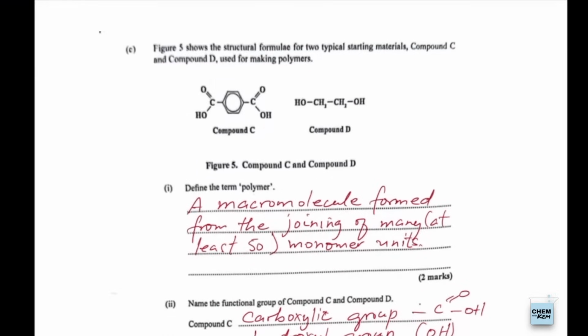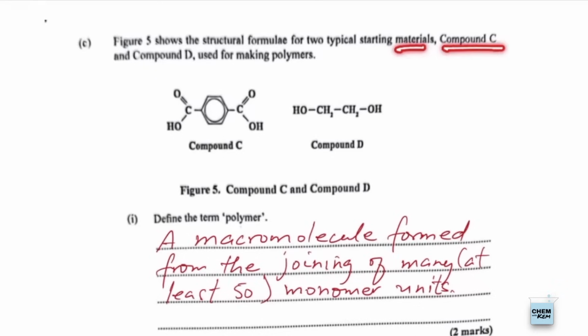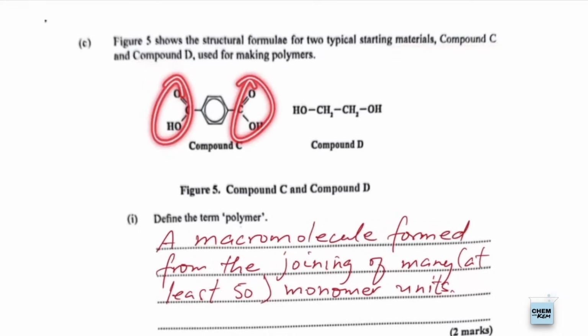Part C, figure 5 shows the structural formula of 2 typical starting materials, compound C and compound D, used for making polymers. All right, this has 2 carboxylic acid groups. That's a diacid, it appears, and this has 2 OH groups. That's a dialcohol. Polymer, it's a macromolecule formed from the joining of many monomer units, at least 50.